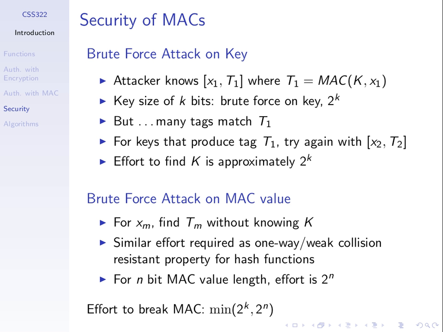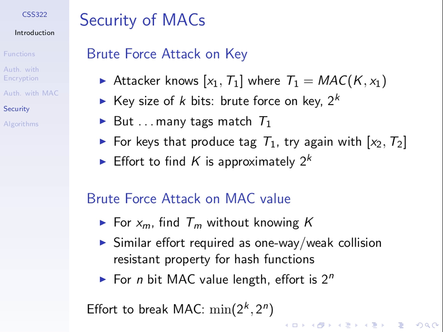So try many keys, calculate the MAC using that last key on the same message M1 and get some tag 1. If k was 4, we'd have 16 possible keys.